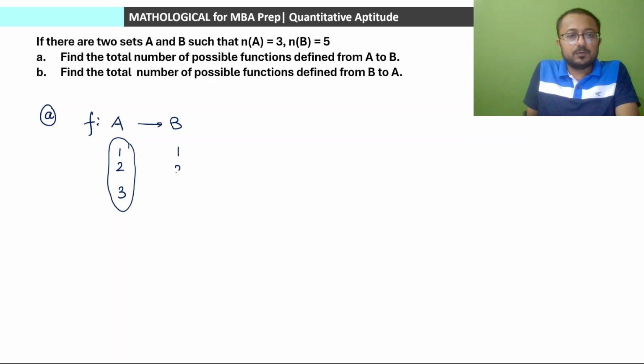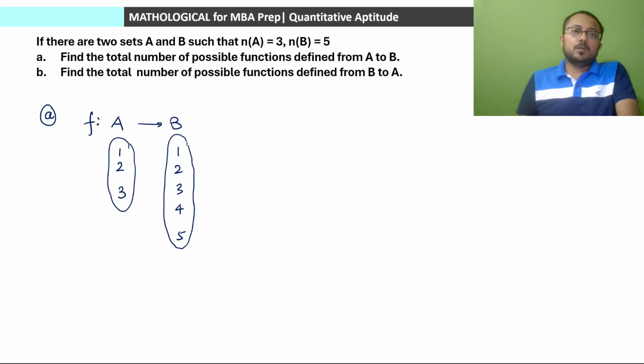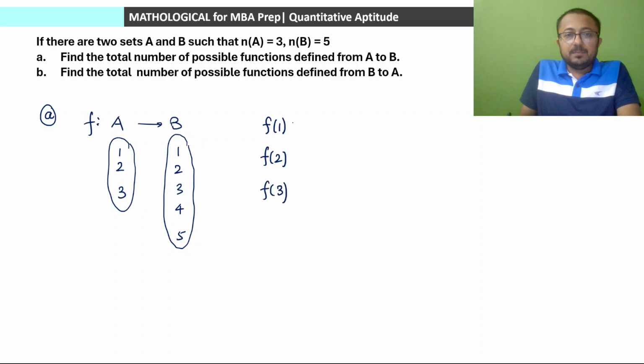Let us say those are 1, 2, 3, 4, 5. So for any function, हमें क्या चाहिए? There must be an output for element 1 in set A, there must be an output for element 2 in set A, and there must be an output for element 3 in set A, isn't it so?